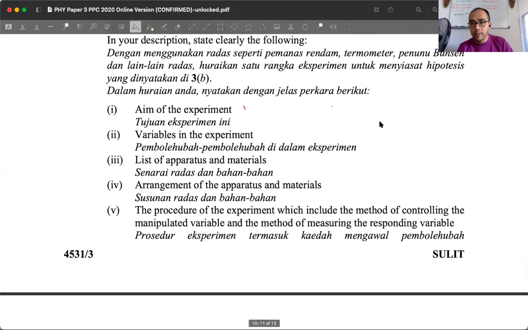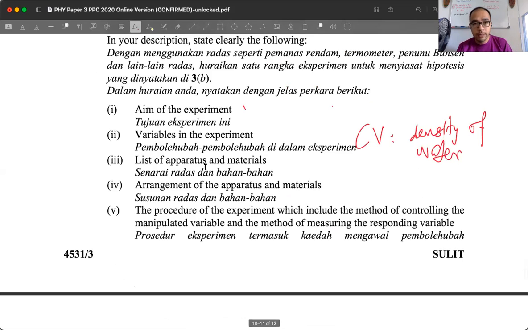The acceptable constant variable is the density of the water. That is the one that I accept here. But I think there are several other answers that I accept lah. Type of water is definitely not acceptable lah. Density of water, I will accept.